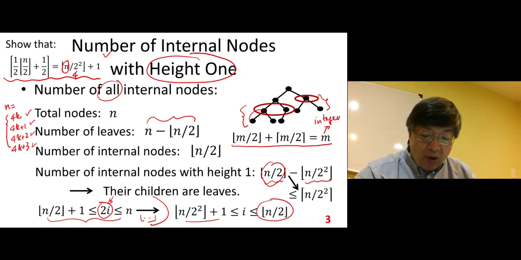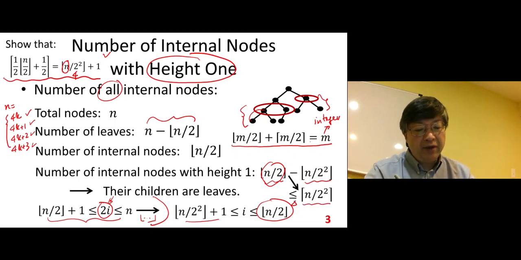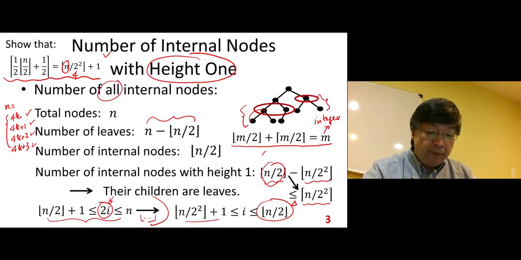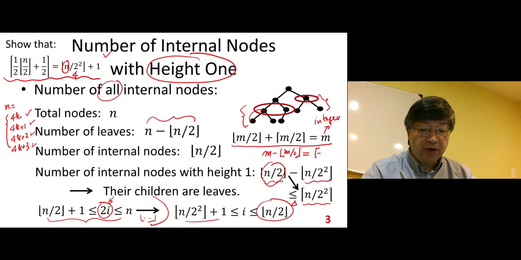We can use an inequality. So here, less than or equal to this one, not exactly equal. Because here it's exactly equal: m minus floor of n over 2, exactly equal to the ceiling of n over 2.